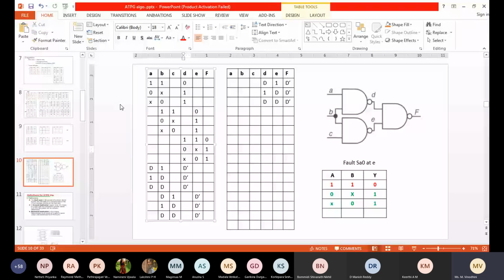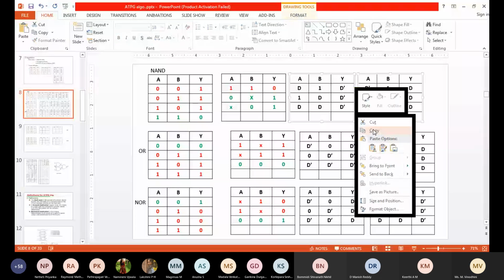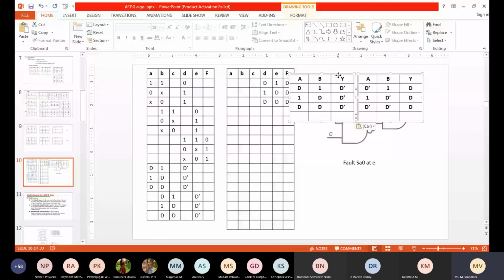Similarly, how you entered the singular cover, you need to enter the propagation D cube. Now I will remove the singular cover and copy paste the propagation D cube. There are two propagation D cubes. Any one you can enter, not an issue. Both are right.